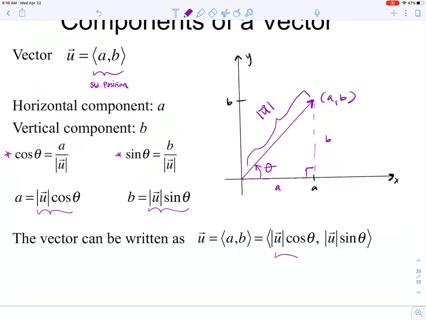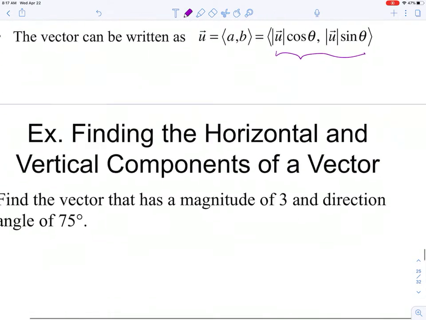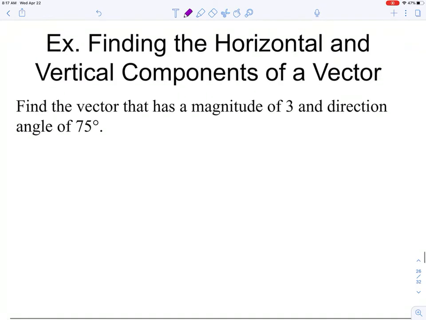So we can actually rewrite the vector in component form a comma b like so. And in this form, we are easily able to see the magnitude of the vector as well as its direction angle.